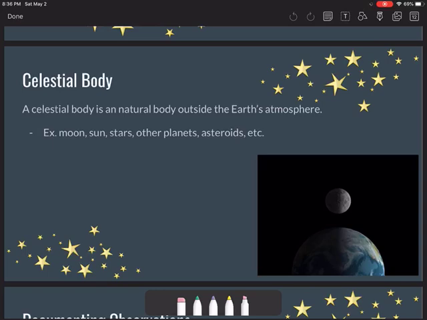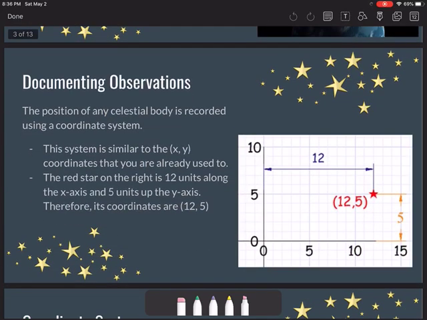When we send up rockets, they get rid of fuel tanks, and some of their parts deteriorate, or maybe there were satellites up there too. Those aren't natural bodies. Those aren't things that happen naturally, so they're not considered celestial bodies, but they exist outside of the atmosphere.